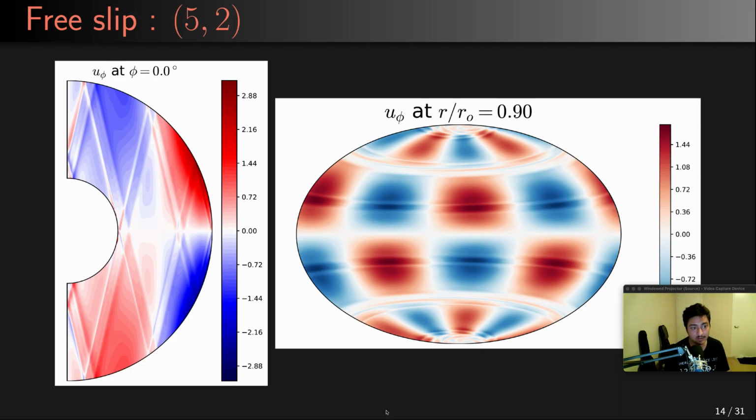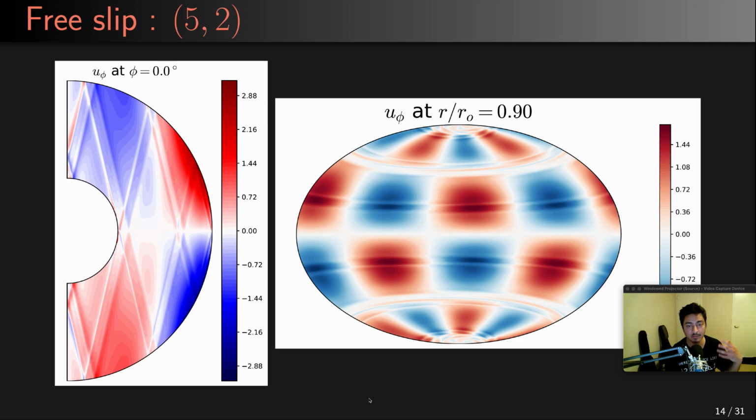Now, when you actually apply realistic boundary conditions and you introduce an inner sphere, you would start seeing these sort of ray-like structures, and what these are is places where the solution actually goes singular in the absence of viscosity.